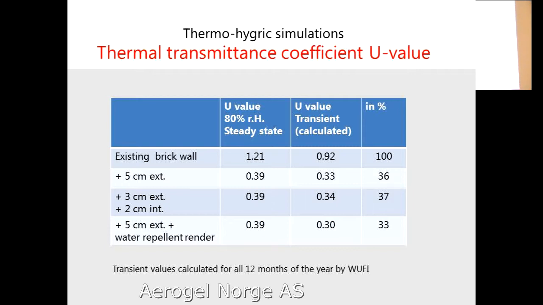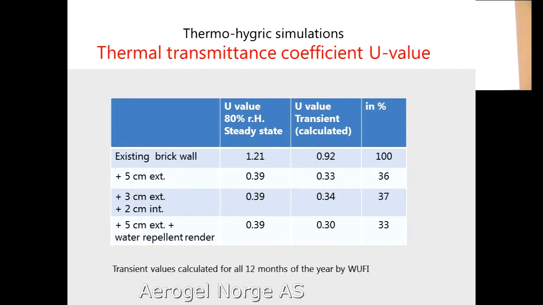When you look at the transient ones, you see the moisture effect, and it's clear that the one which has a water repellent has a lower transient U value. That means it has less water content, and it drops to 33% of the primary value which we have put at 100.